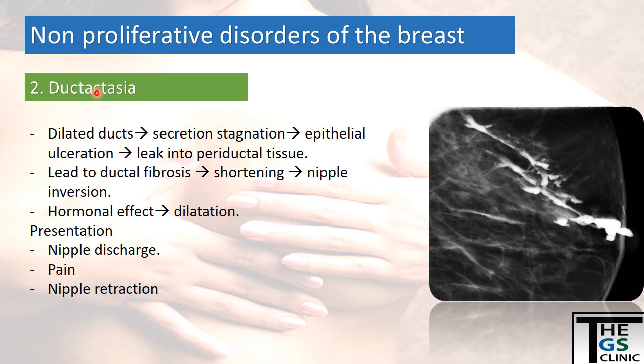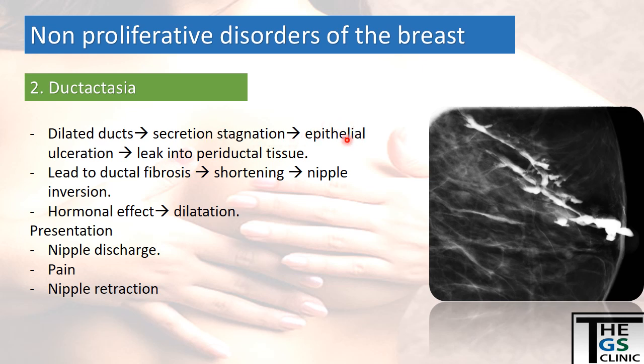Duct ectasia means dilated or abnormally dilated ducts. So what will happen if we have dilated ducts? There will be secretion stagnation, which means that there will be a remnant of secretion inside the ducts, pushing them into increasing their size.